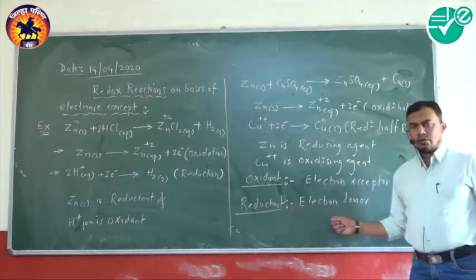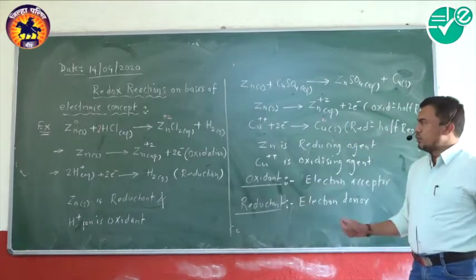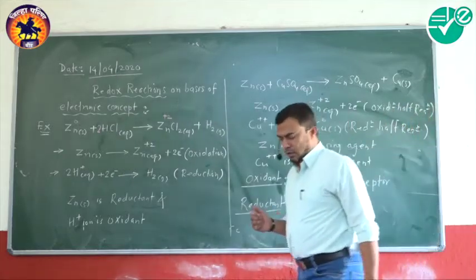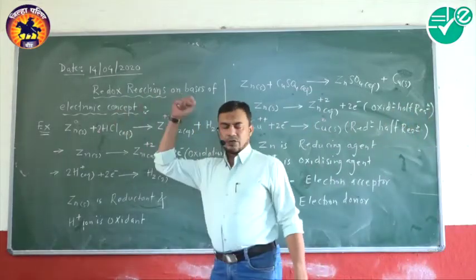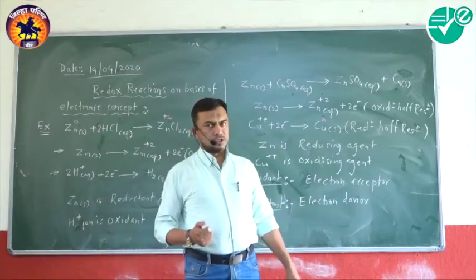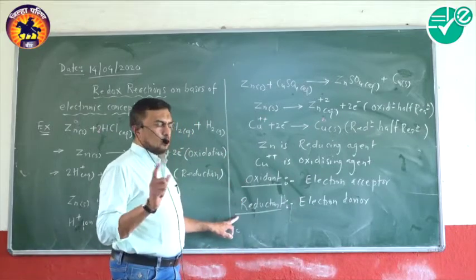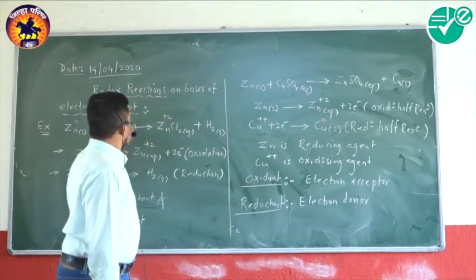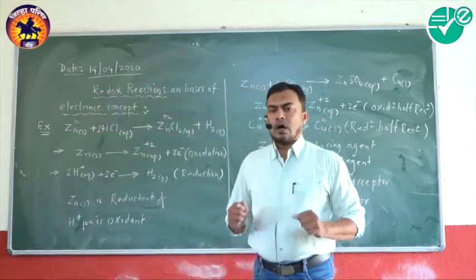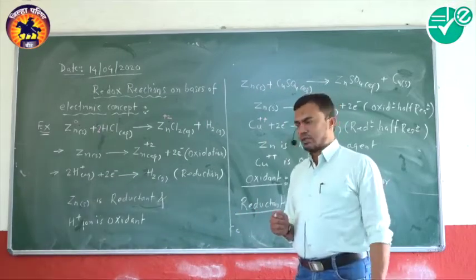In the redox reaction, these reductants donate electrons to the other species, and simultaneously the oxidant and reductant undergo the process called redox reaction. Now we have to learn how to assign such oxidation number or oxidation state.